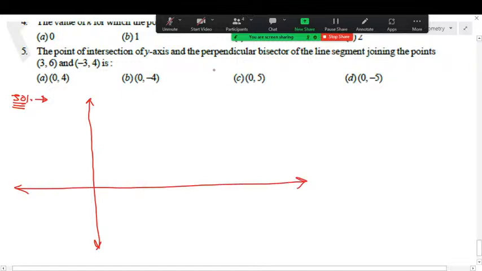Now, as per the question, the point is the point of intersection of y-axis and the perpendicular bisector of the line segment joining 3 comma 6 and minus 3 comma 4. Somewhere here I'm having 3 comma 6, and minus 3 comma 4 is somewhere here. And if we want to join them, yeah, we can.